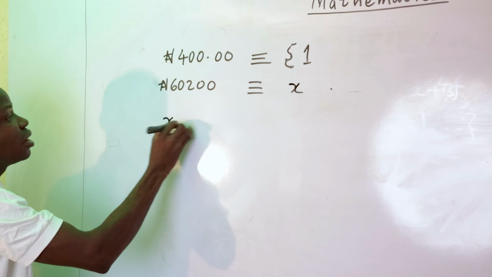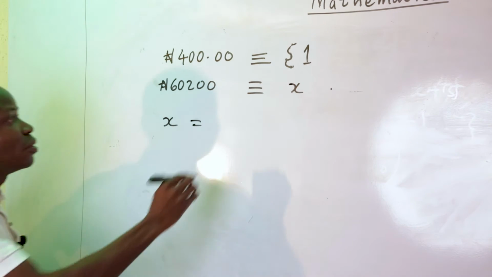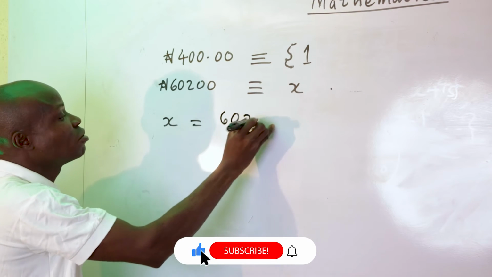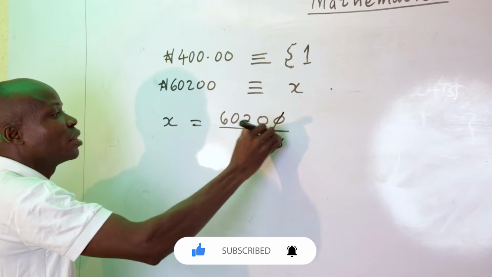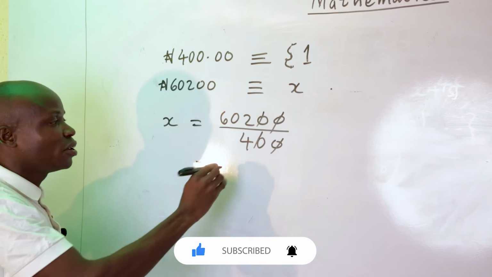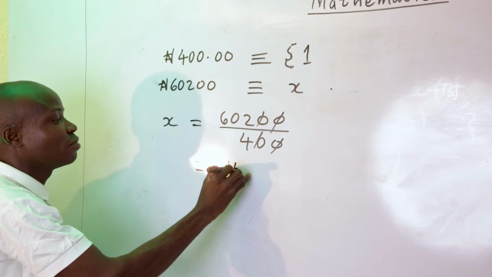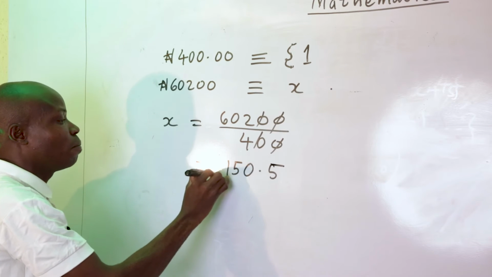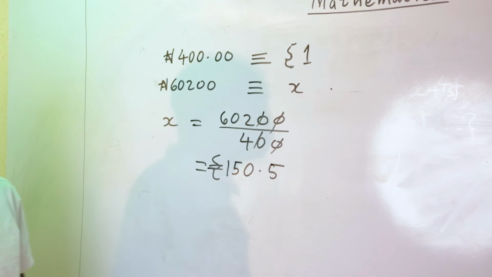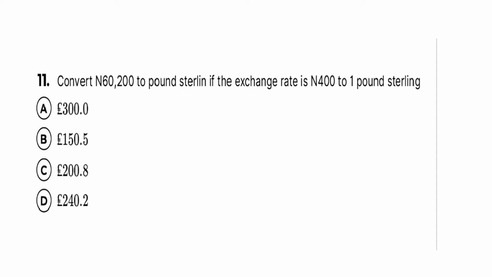So the value of x here will be 60,200 over 400. And solving this, we have 150.5 pounds. And the correct option there is option B.